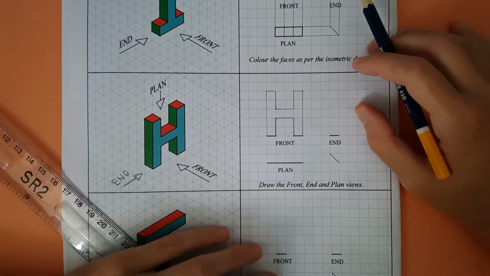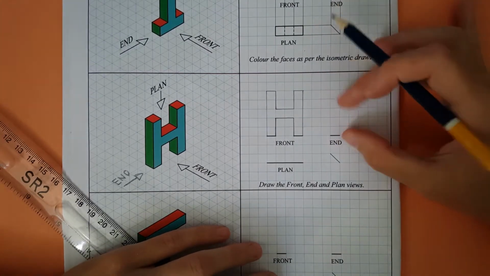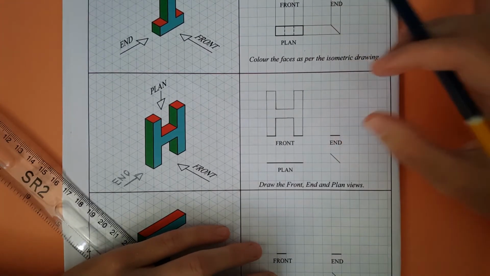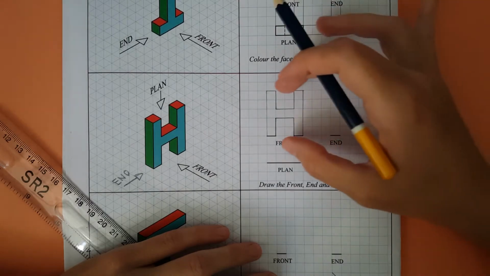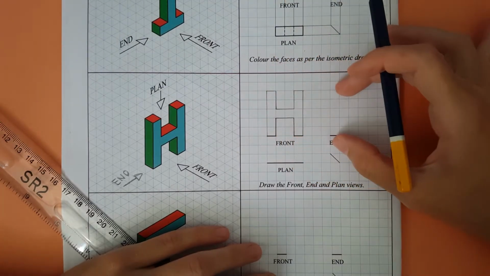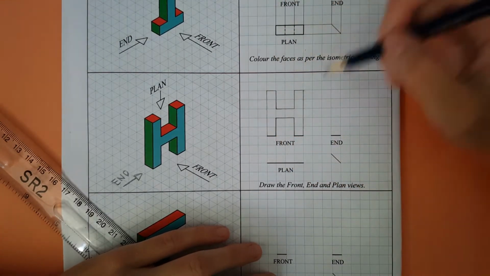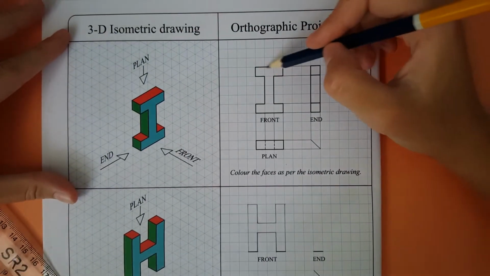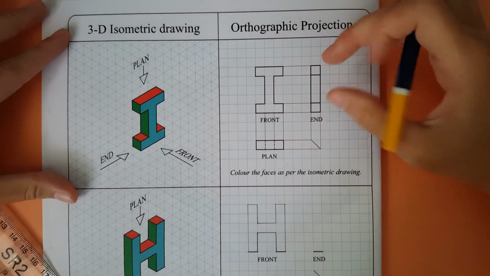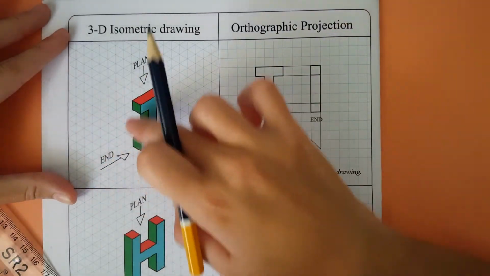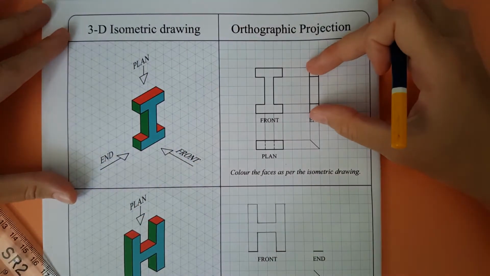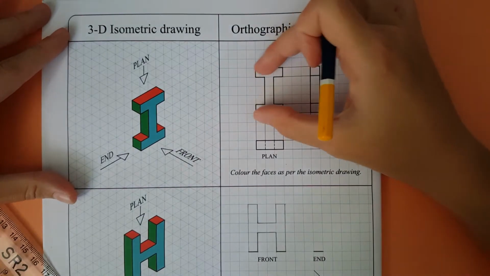Now to find the height of the end elevation, we could simply just project the topmost lines from the front elevation onto the end. This is because they are the same height, because we're working with the same solid block. As we can see from the example above, all the horizontal lines seen from the front elevation are projected onto the end elevation.